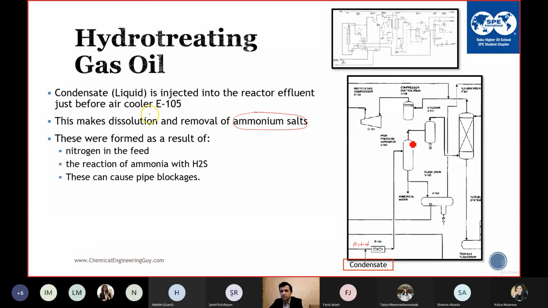In the high pressure separator, we separate hydrogen, and then the liquid is sent to the 3-phase separator. Here we have the water. Here, this is our main product. This is the gases.